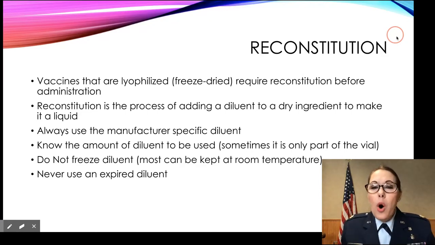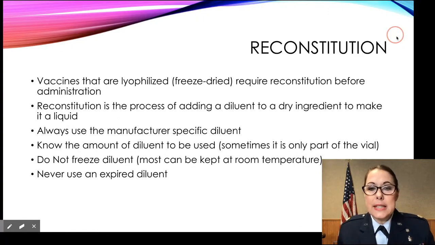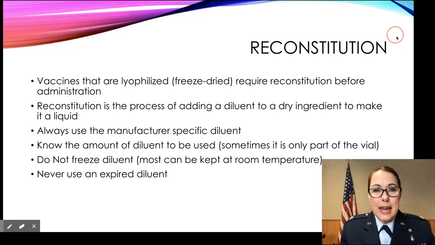So you always want to make sure that you're using the specific diluent that came with the specific vaccine. There are certain elements and certain ingredients in each of those diluents.